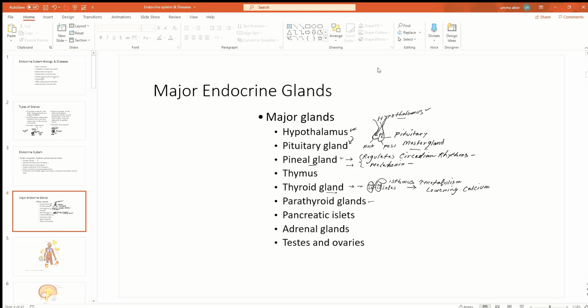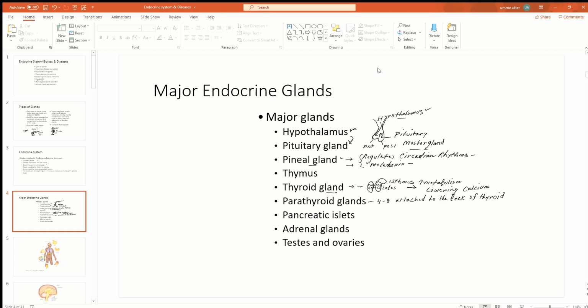They are attached to the back of the thyroid, and those are parathyroid. How many? 4 to 8. So the number varies person to person.